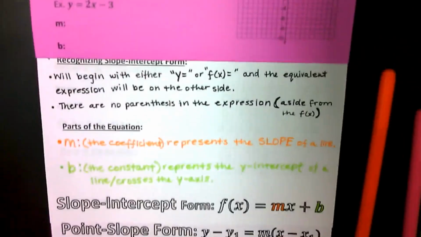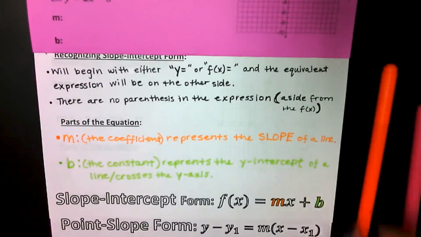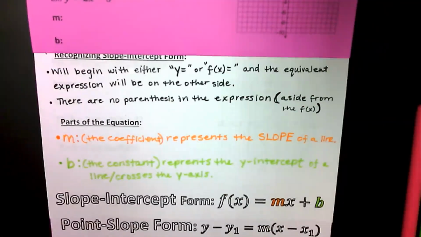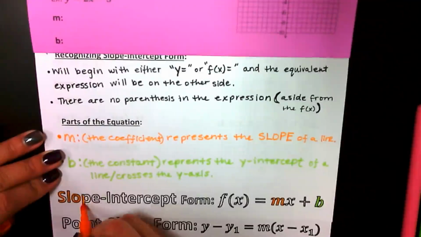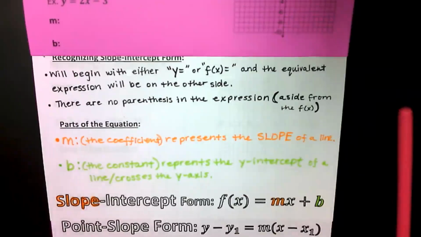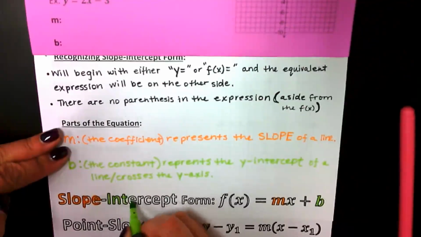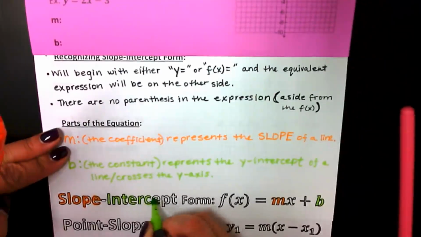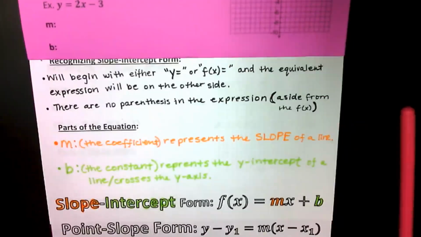For those of you who were absent, we had stated that with slope-intercept form, you of course find your slope, which you guys told me was the m, the coefficient, and aside from finding your slope from there, you also find your y-intercept, which is your b.